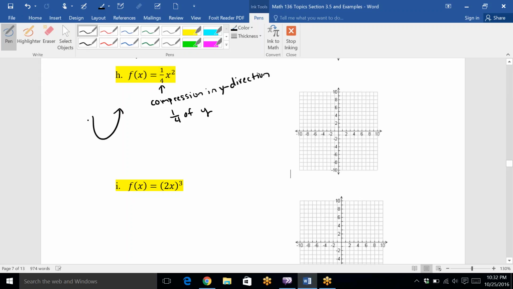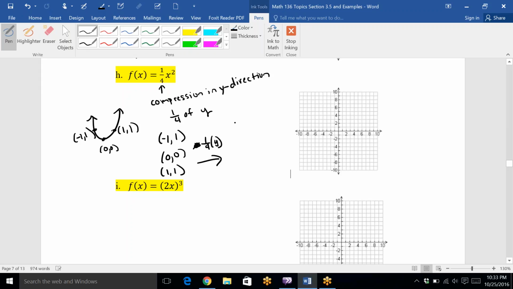This is a parabola centered at (0, 0) normally, with (1, 1) and (-1, 1), because when you square it, it would be positive. Those are our 3 key points. We're going to be cutting all of the y's to a fourth, so times the y's by a fourth.